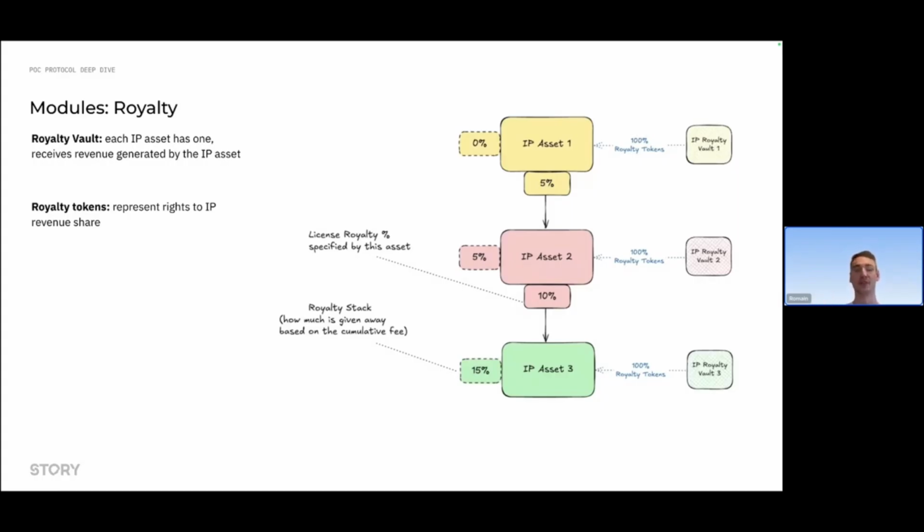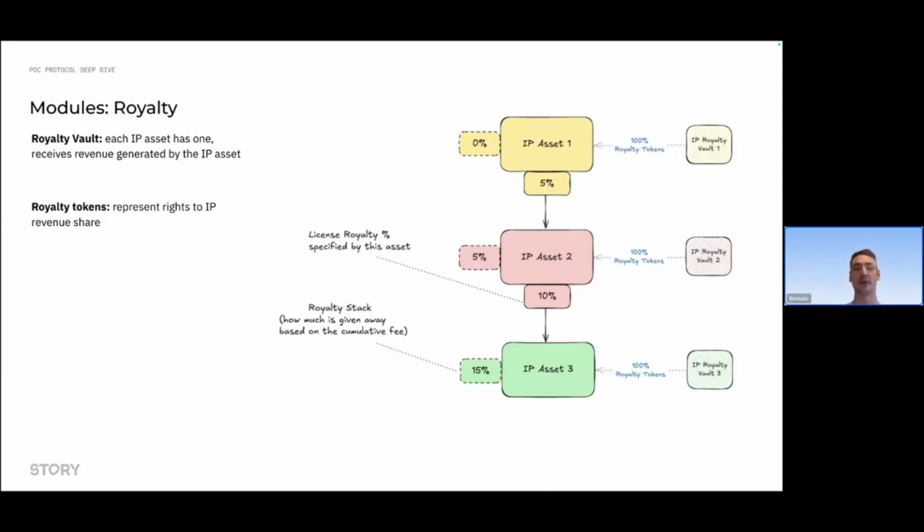Originally, 100% of the royalty tokens are owned by the IP asset itself, specifically the IP account. And what it means is that originally, the associated IP asset can claim 100% of the revenue it generates.